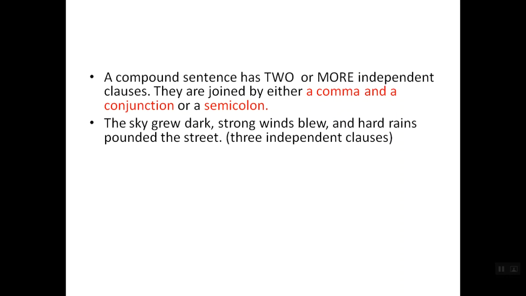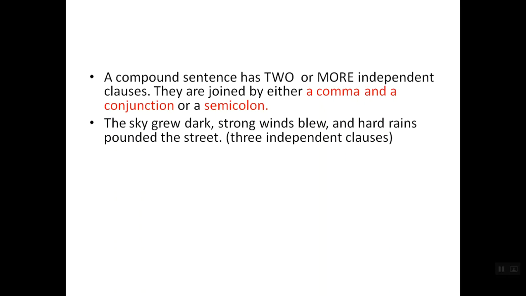The sky grew dark. Strong winds blew and hard rains pounded the trees at the street. Okay, how many independent clauses do we have here? We have 3 independent clauses. So what do we call it? Compound sentence. Compound means 2 or more. Okay, so the sky grew dark. This is number 1. Strong winds blew.